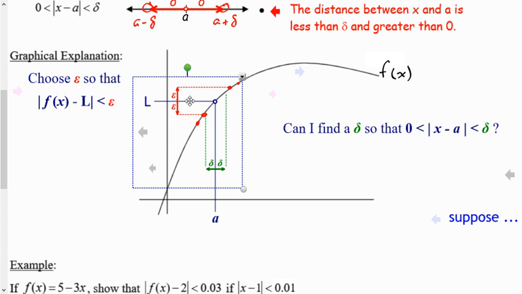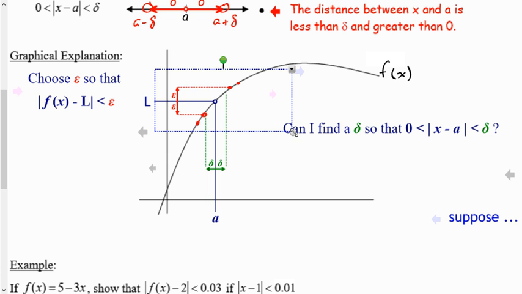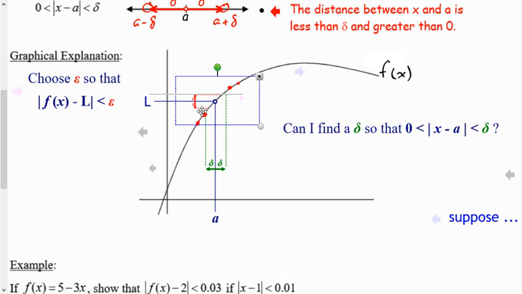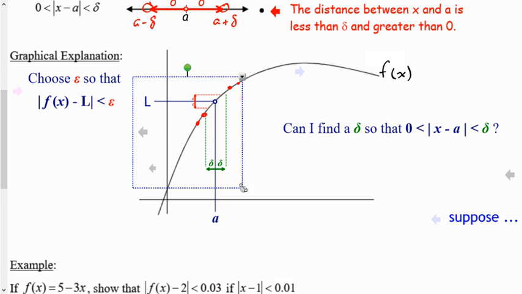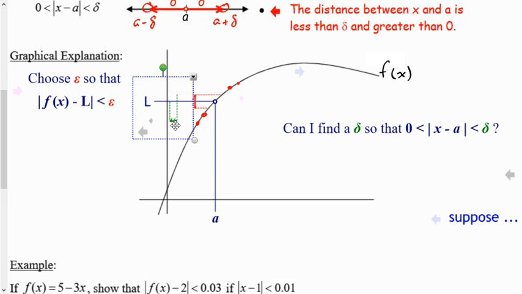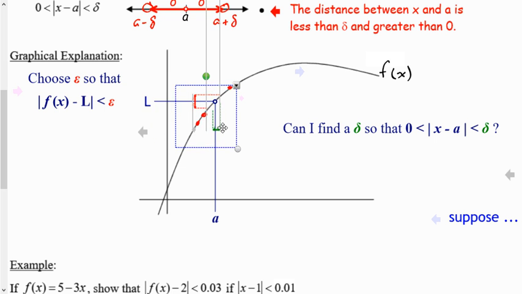Well, what if we make this one smaller? Ooh, let's go tiny. We can hardly read that. Do my deltas fit inside? Nope. Can I find a delta that will? Well, let's go. We'll make these really tiny so we can't even read it. There we go. Are my green lines inside the red lines? Yes, they are. Can I keep doing this forever and always be able to find a delta? Yes, I can.